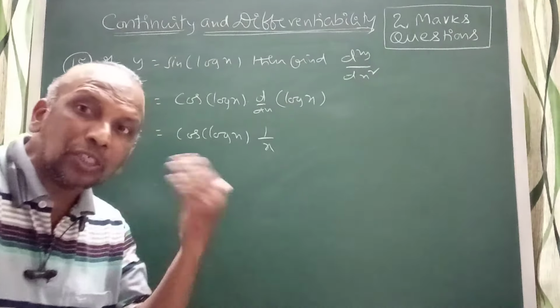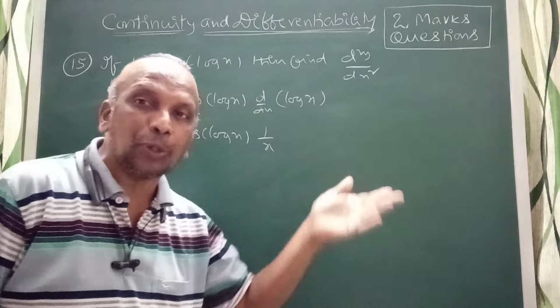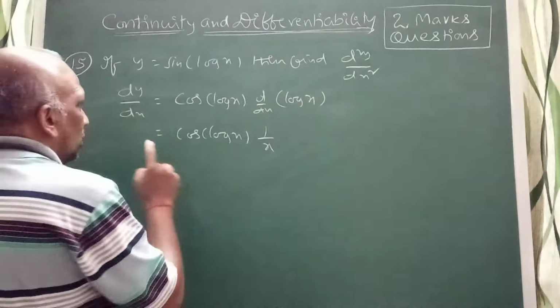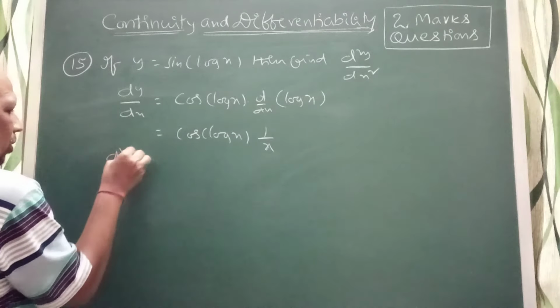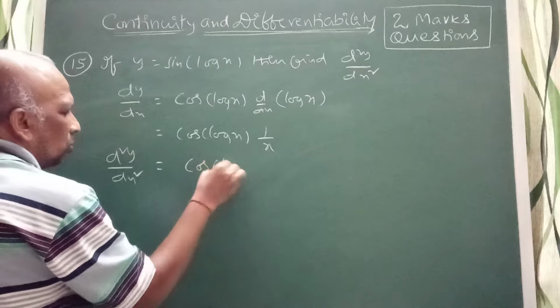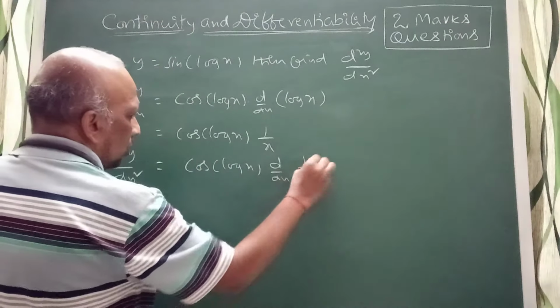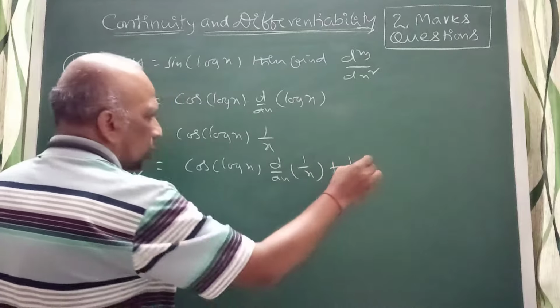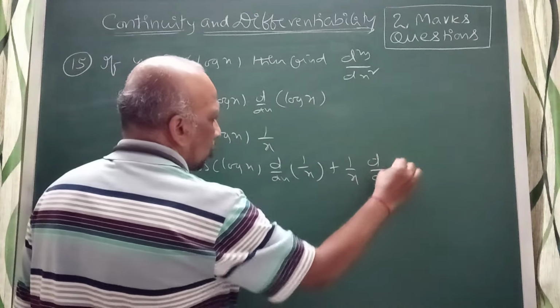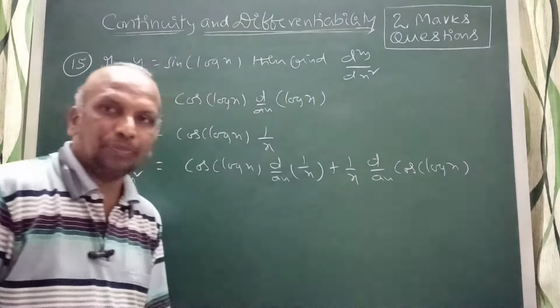Now to find the next derivative, the second order derivative, you can use the quotient rule or you can use the product rule. When you write the next derivative, d square y by dx square, it is first into d by dx of 1 by x, plus 1 by x into d by dx of cos of log x. Product rule I have written.